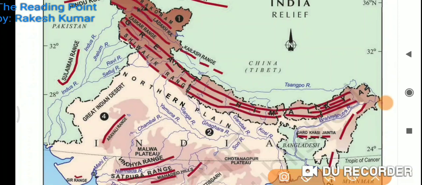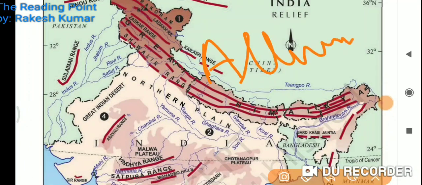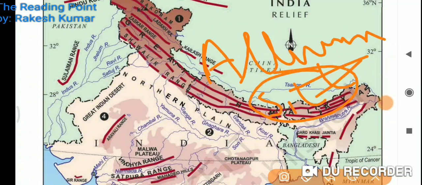The northern plains of India are made up of the fine silt brought by the rivers coming from the Himalayas. I have explained earlier that the silt is known as alluvium. This fine, fertile silt is responsible for making this vast plain.